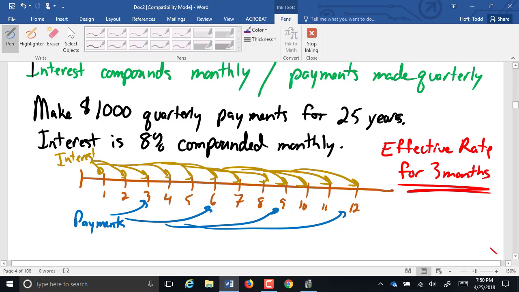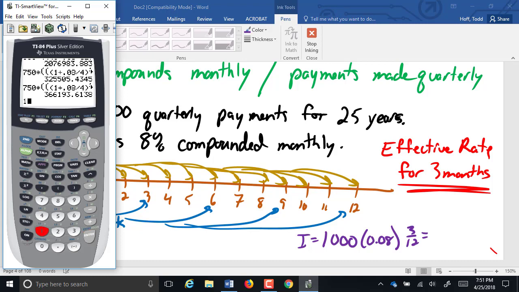I take any value I want to. I'm going to do the $1,000 here and find the interest for 3 months. That's 0.08 times 3/12, right? So we're at $20 in interest.